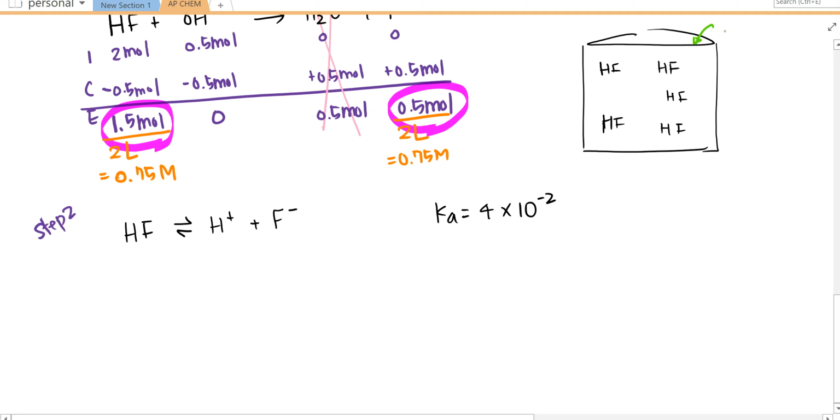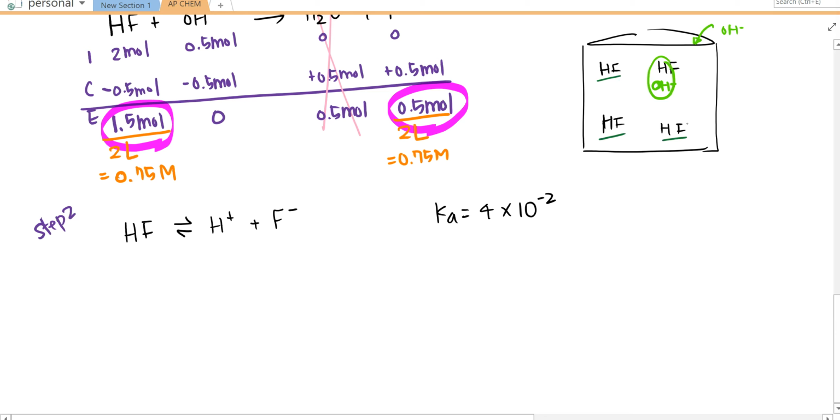Then we added OH minuses, but only a fraction of what we had. So let's just say we had four HFs, and I only literally added one OH minus. So this OH minus is going to be paired up like so. And whatever HFs are remaining in the solution, they also naturally will dissociate.